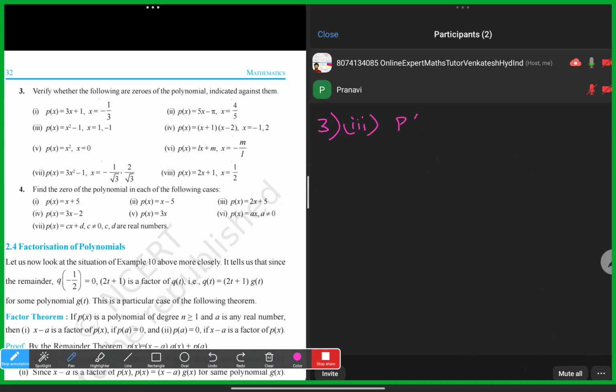p of x is equal to x square minus 1. So x is 1 comma minus 1. Okay, Pranavi? Yes, sir. So now what I'm doing is, Pranavi, I'm substituting the value.